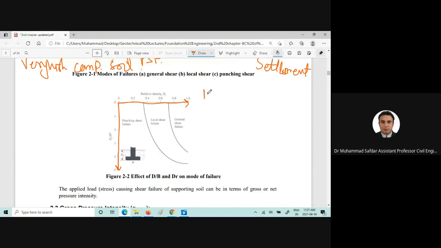Now, the term relative density is used here again. So I would ask, what is relative density? Anyone?